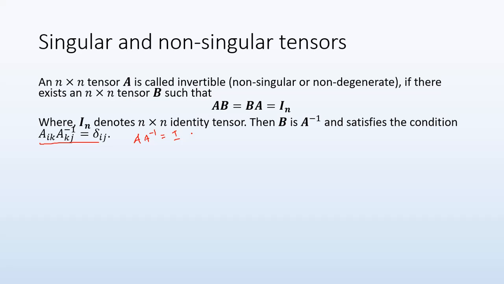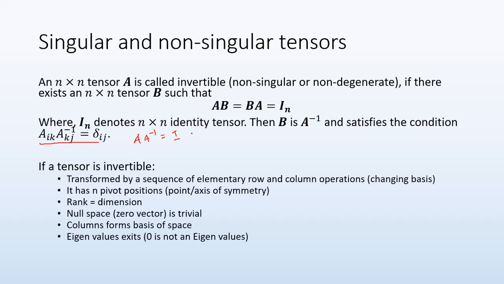These invertible tensors, the non-singular tensors, actually play a greater role in physics. That is, if a tensor is invertible, it can be transformed by a sequence of elementary row operations or column operations. You have done row operations and column operations during matrix algebra. In physics this just means that we can transform these tensors.